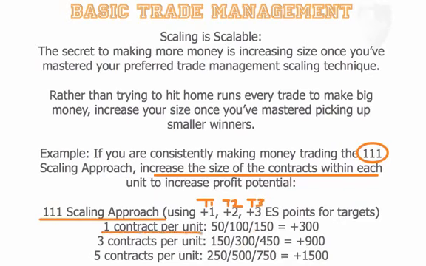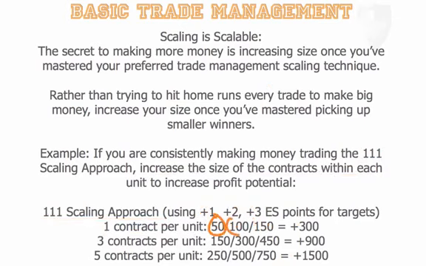If you were only using one contract per each unit, you scale a third, a third, a third, right? T1 at 1 point, at one ES point, one contract would be $50. 2 points per contract, $100. 3 points per contract, $150. So what you've made on these three scales is 50, 100, 150. That gives you $300 you just made on that trade using 3 contracts, 1 contract per scale.